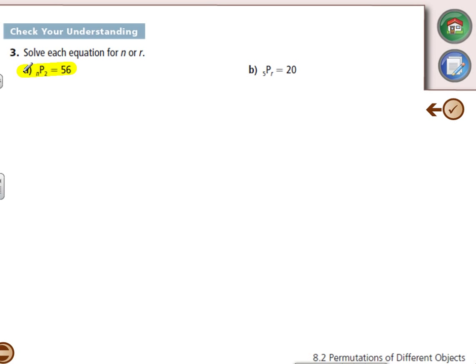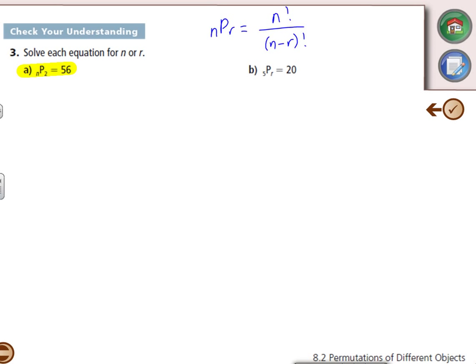We've got to figure out what r is. The only way to do these ones is to plug it into the formula. I'll write down the formula first, sorry. n factorial over n minus r factorial. There we go. That's what nPr is.